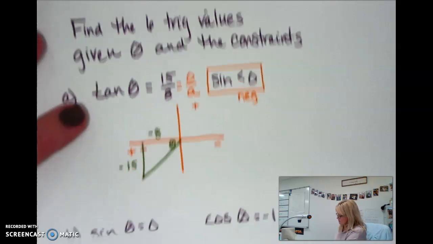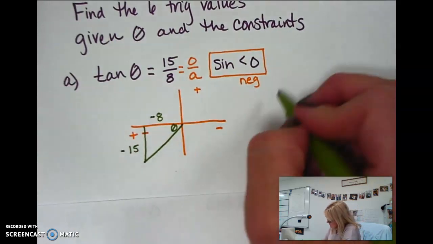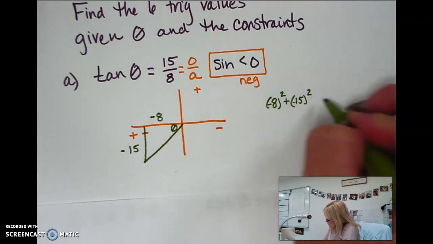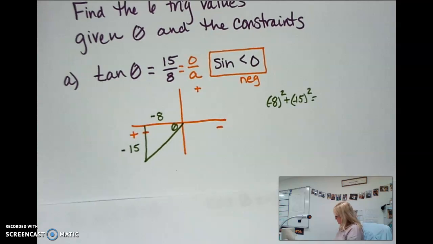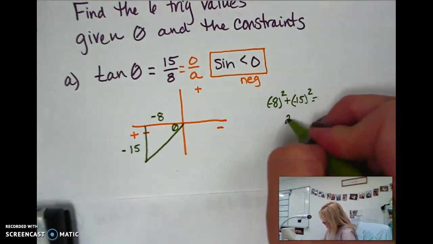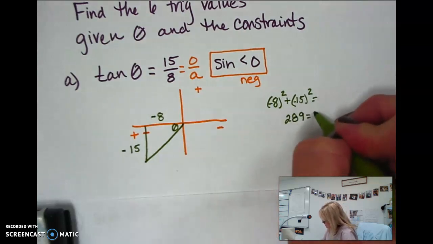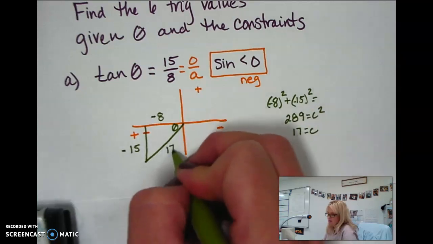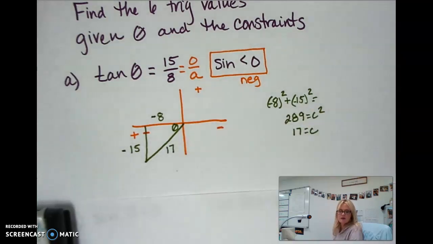And now, if we take a squared plus b squared equals c squared, we are able to find our c. 225 plus 64 gives me 289, and the square root of 289 is 17. Remember that the hypotenuse is always positive because it's the radius.